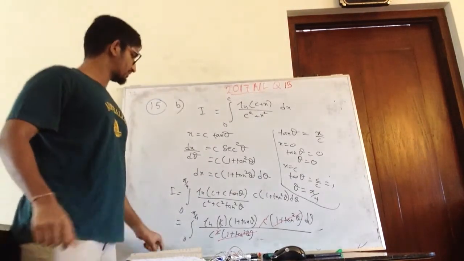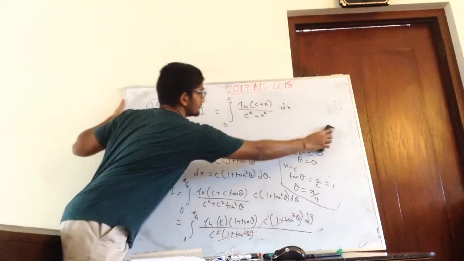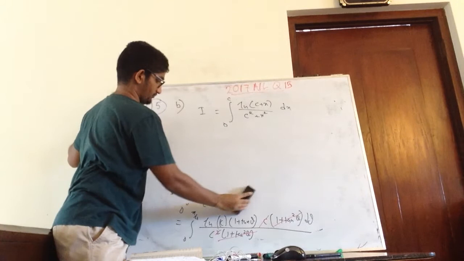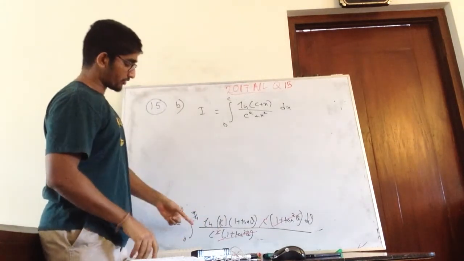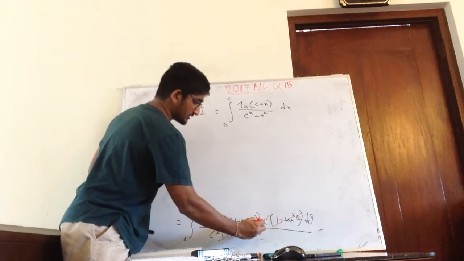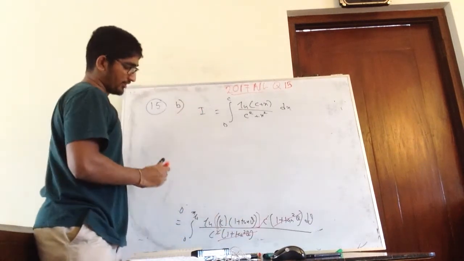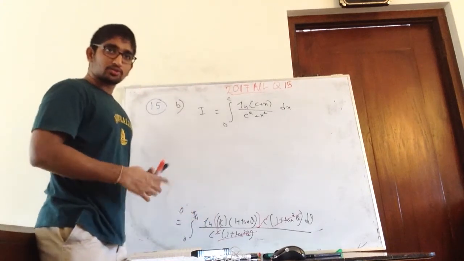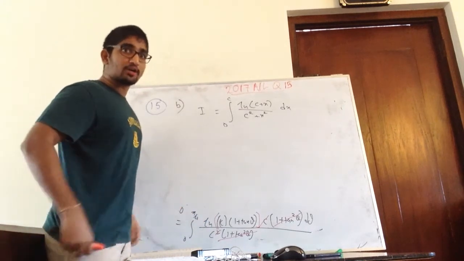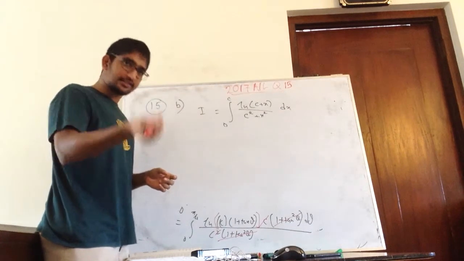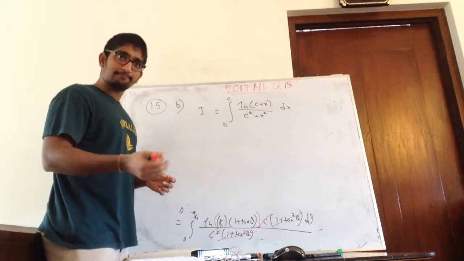Right, so let's continue from here. So you come up to here. Now here, if you all see, this is the ln part. These are multiplication. From log, you know that multiplication can be written as an addition, right?